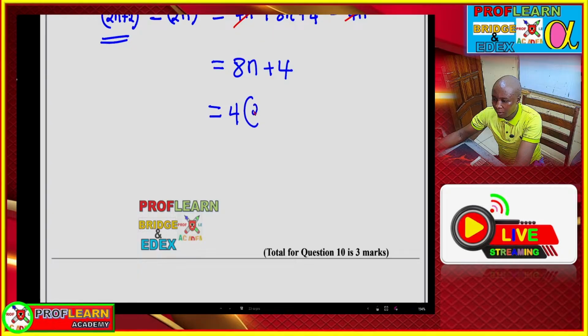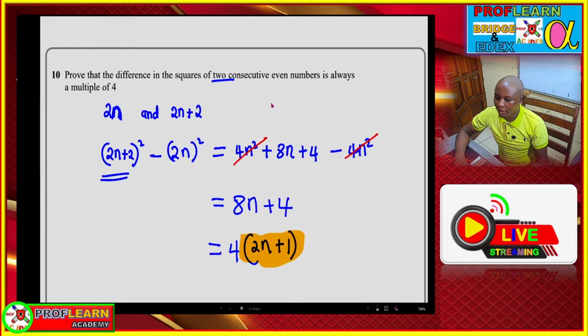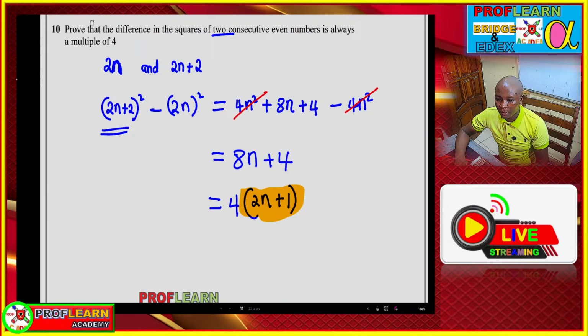This is going to be 2n plus 1. So since we can see that this number can be expressed as a multiple of 4, you can see now you are factoring out, and this is a proof that it is a multiple of 4 at that given point. That's basically what you're supposed to do in that particular question there.